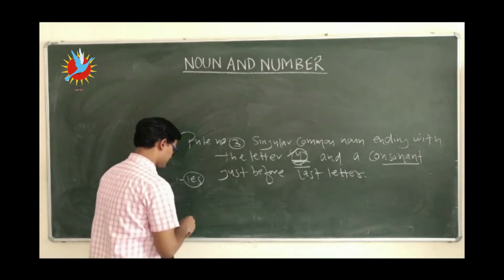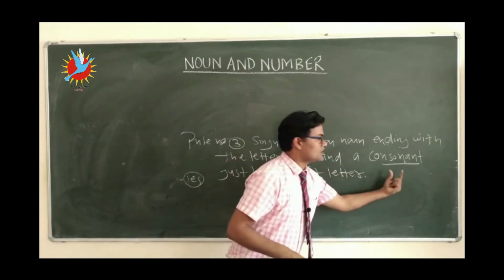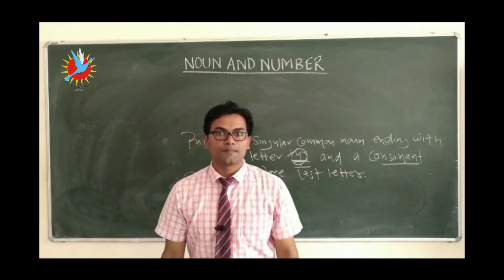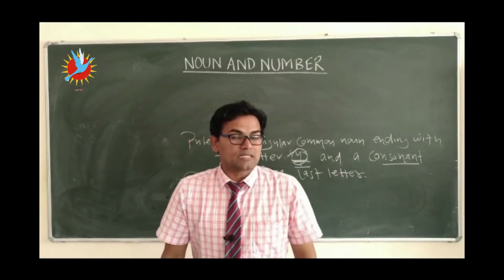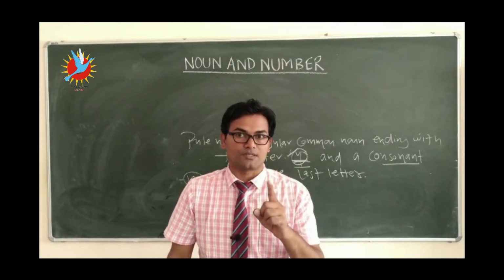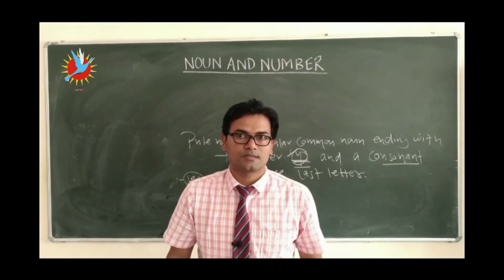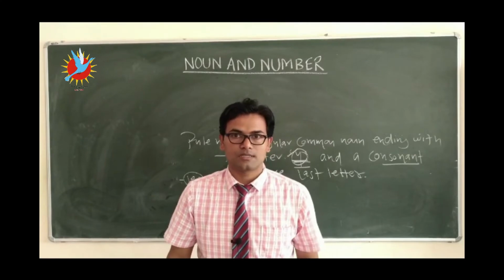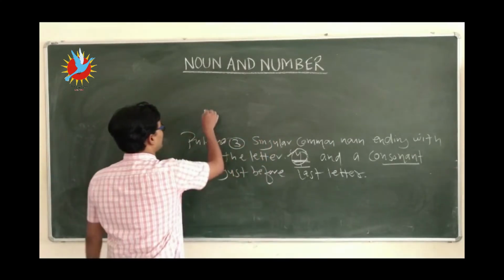Okay, for example, and consonant: in the English alphabet there are 26 letters, and out of them there are 21 consonant letters, and 5 are vowels. Vowels: a, e, i, o, u.